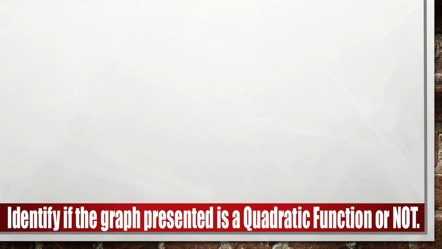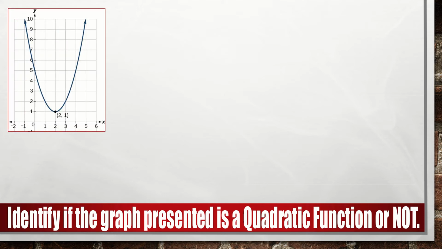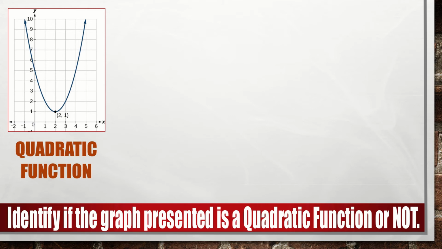Let us identify if the graph presented is a quadratic function or not. Remember that the graph of a quadratic function is a parabola. So let us see whether the given graph is a parabola or not. Number 1. Yes, it is a quadratic function since the graph is a parabola that opens upward.